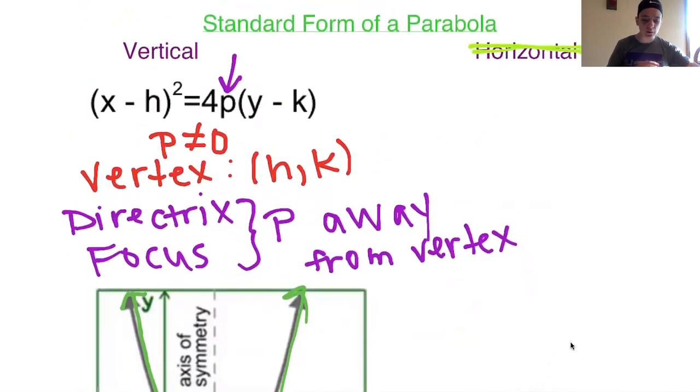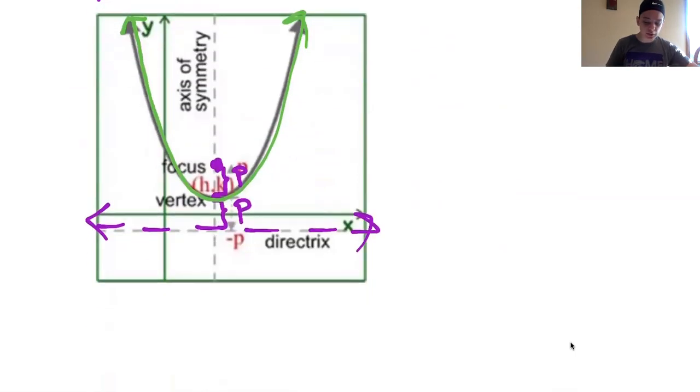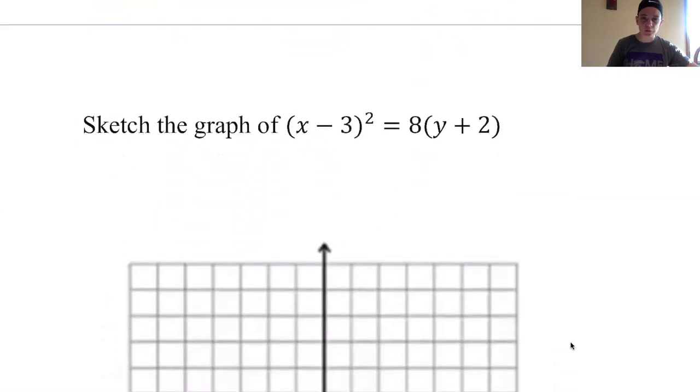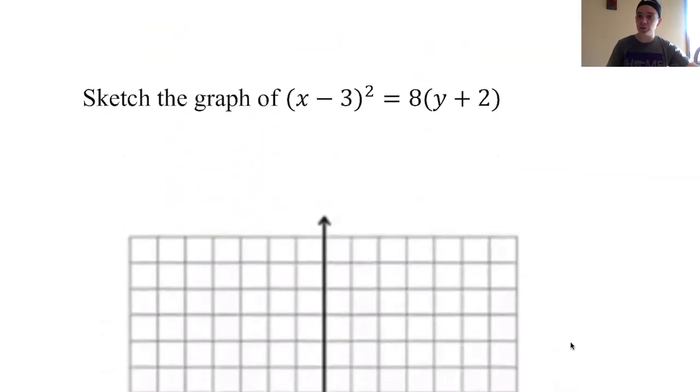Notice how our parabola has one variable squared, while on the other side, that second variable is only linear. So I can recognize right here that we have a parabola. The x is squared, but the y is not, and notice how they're on two different sides of the equation.